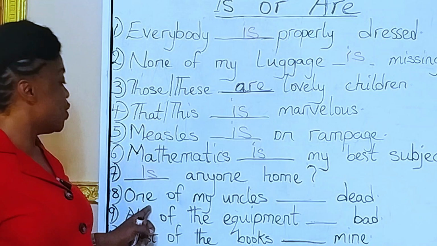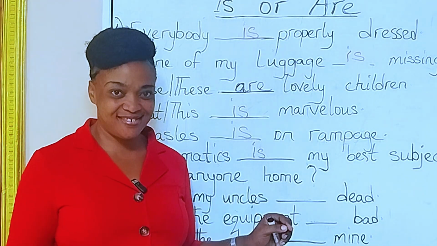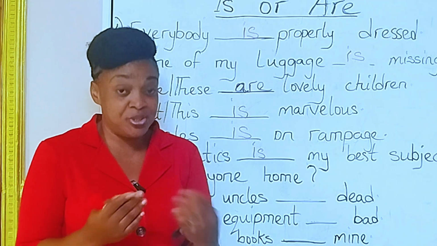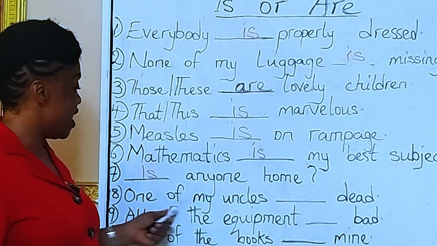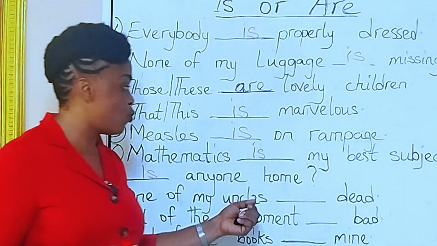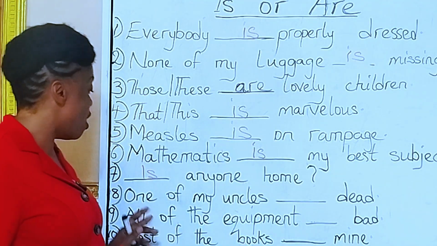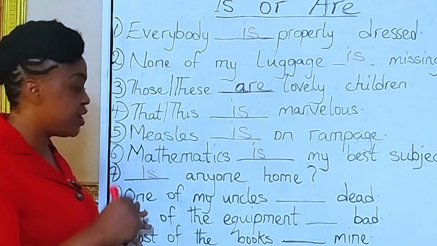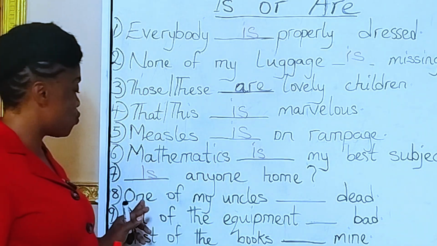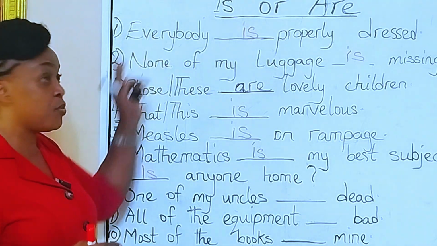Number 8. One of my uncles. People are always confused here. Okay, my students are usually confused. When you see uncles, you are kind of thinking that you are to work with the uncles. No, you are to work with one of, meaning one out of the many. So we work with the one, and one is like everyone here.